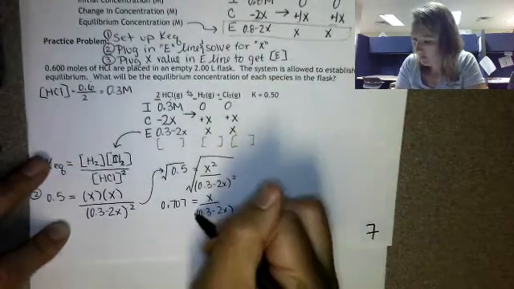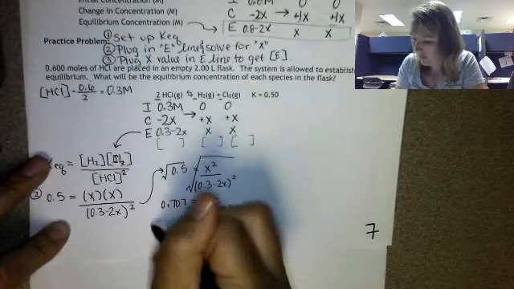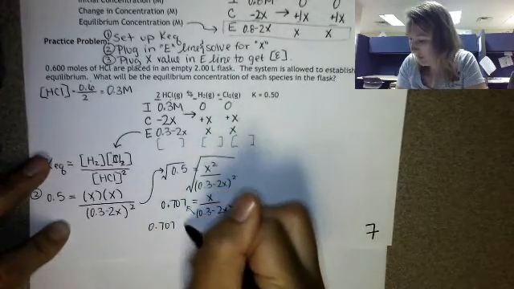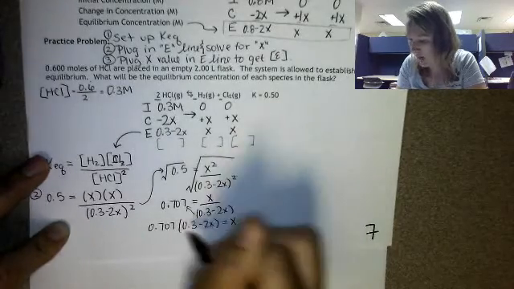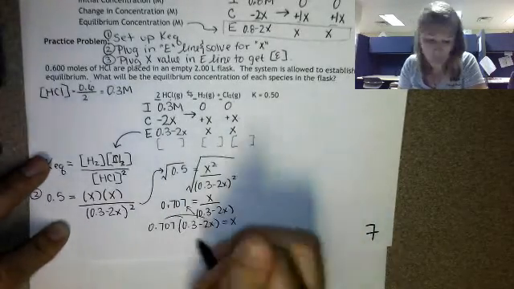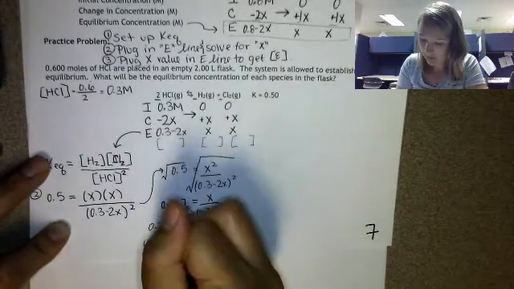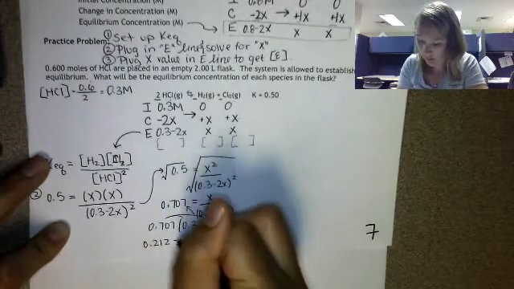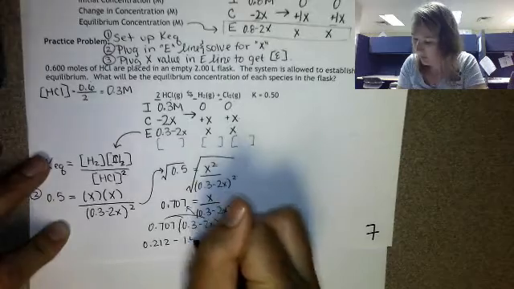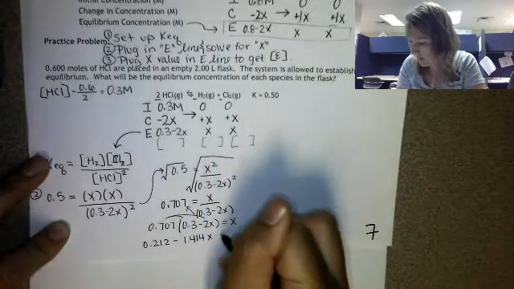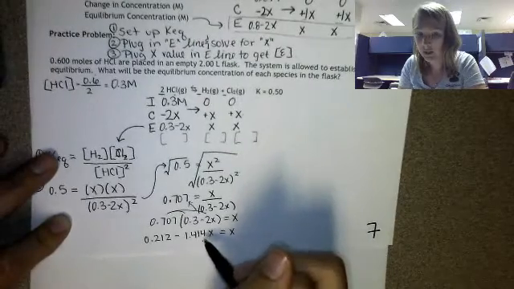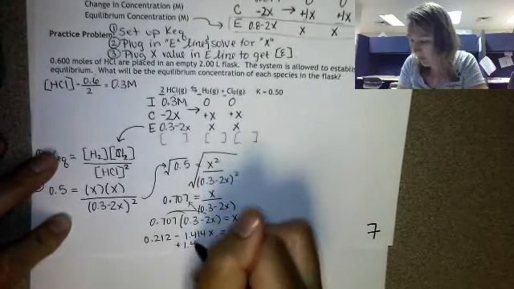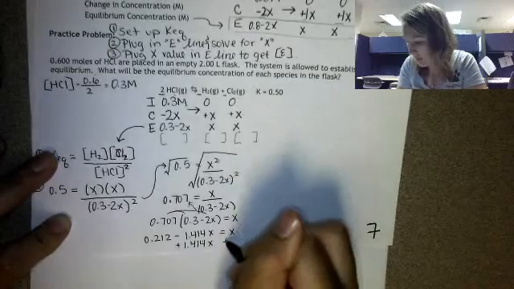Okay, I'm going to bring this up. 0.707 times 0.3 minus 2x is equal to x. Distribute through. 0.212 minus 1.414x is equal to x. I have x on both sides and it's subtraction, so I'm going to add 1.414x to both sides.